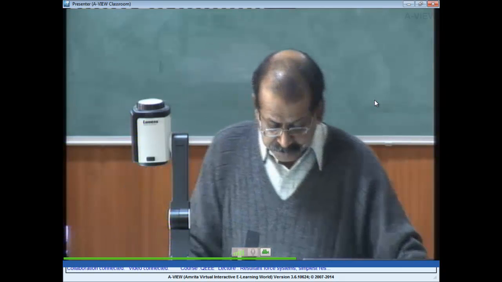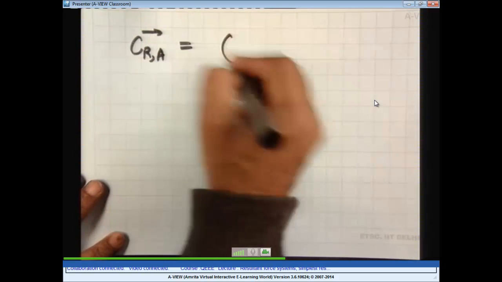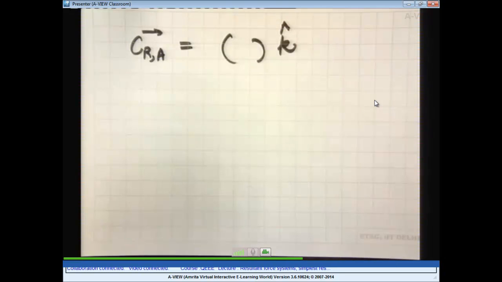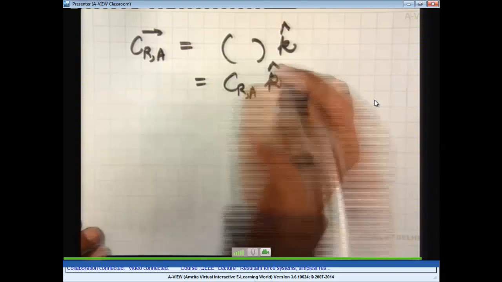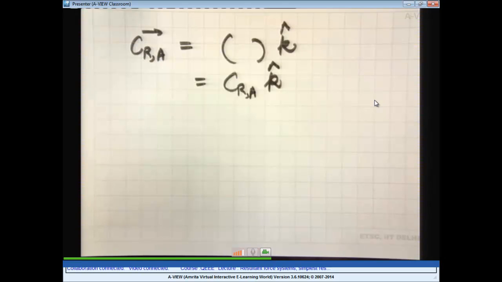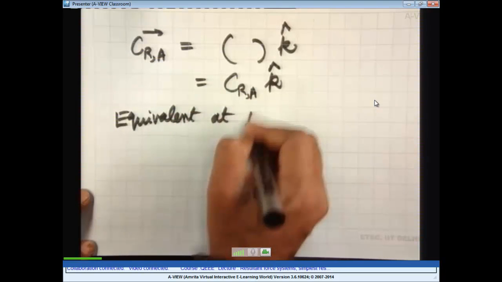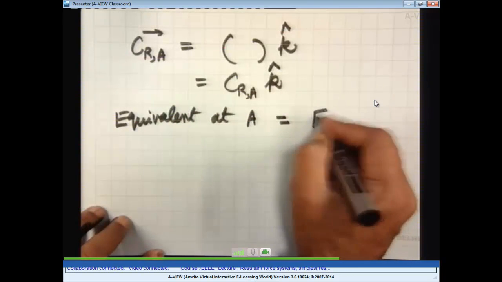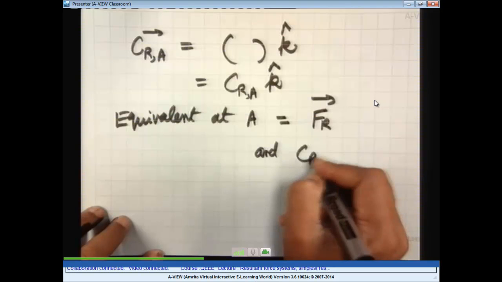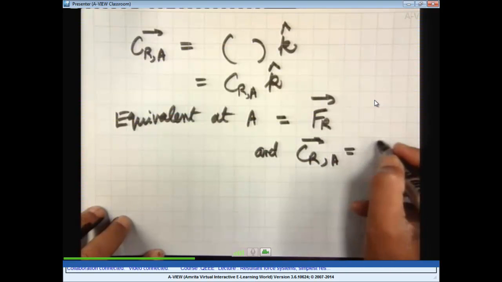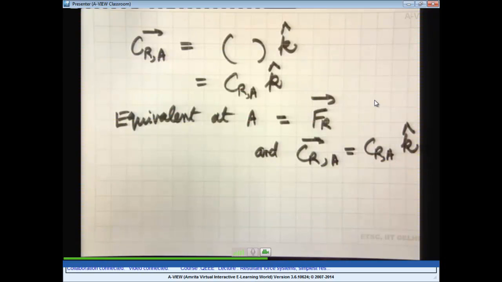So in this coplanar force system, CR at A will be some quantity times k, and we can also write it as CRA scalar times k. So our equivalent at A is some force Fr and CR at A, which is CRA in the k direction.